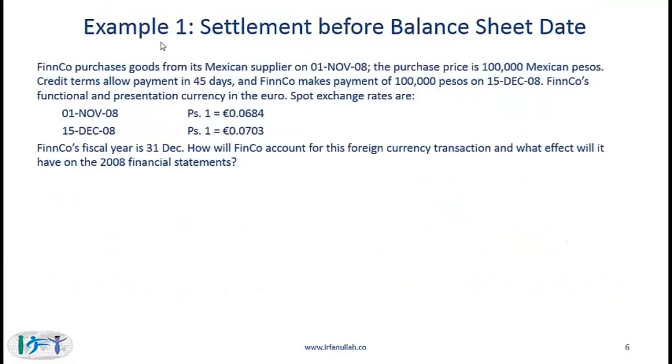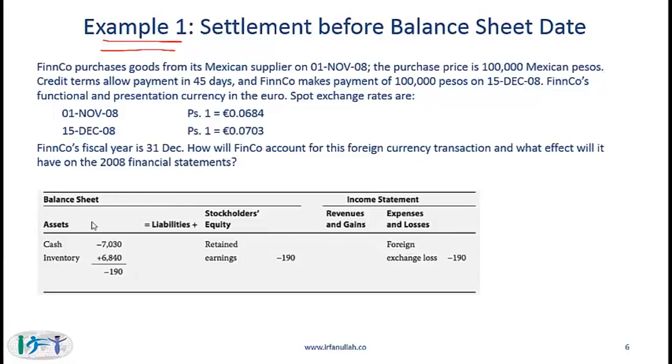Let's look at example 1 from the curriculum, which deals with settlement before the balance sheet date. I want you to read this and try it on your own before looking at the solution. Here is roughly what you should come up with, and I'll just highlight a few points.